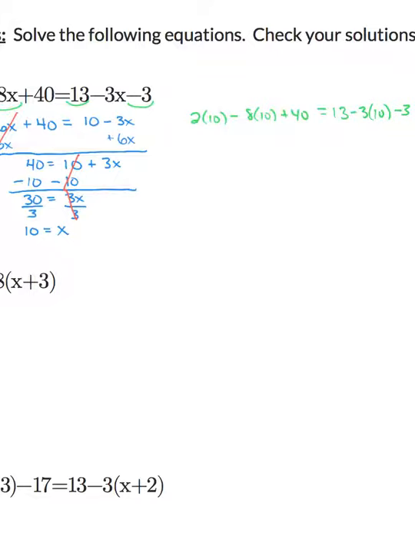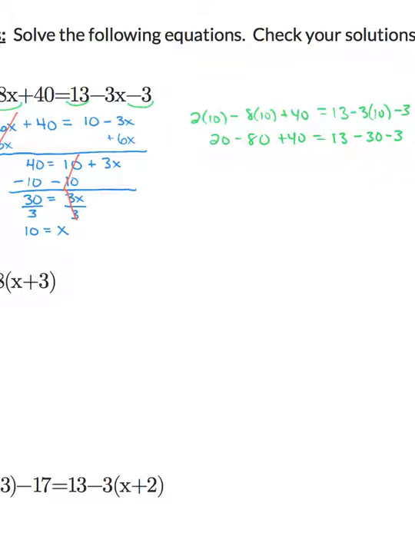If we start with multiplication, we get 20 minus 80 plus 40 equals 13 minus 30 minus 3. So on the left side, the first thing that I'm going to do is combine my positives together.